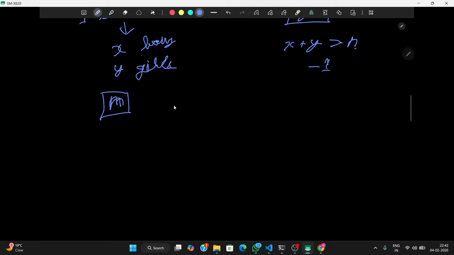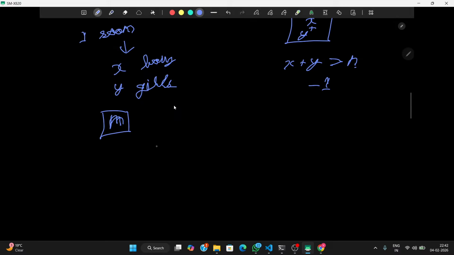The minimum possible answer will be simply the ceil of (B plus G) by N. We will simply fit N people in all of the possible rooms, and in the last room that we have left, we will fit the remaining number of people there. So that's why it is the total number of people by N, ceil.